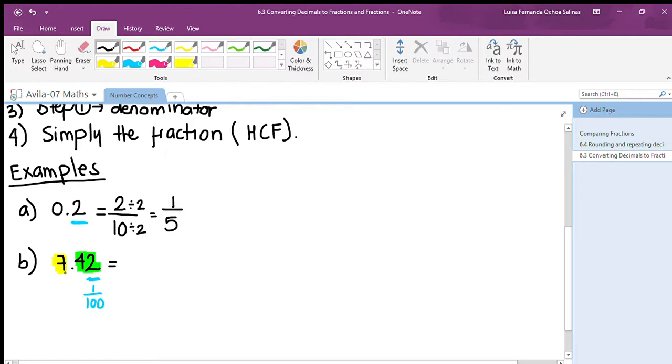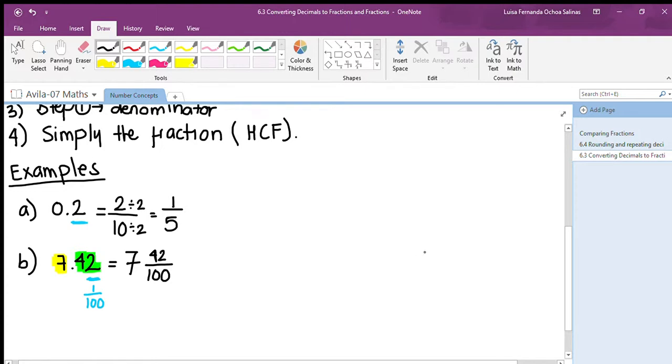So how am I going to write this number as a fraction? First, I write my units. This is a whole number, therefore it goes as a whole number. And then I write the digits after the decimal point as 42 over 100. Perfect. Now I need to simplify this fraction. How do we do that?